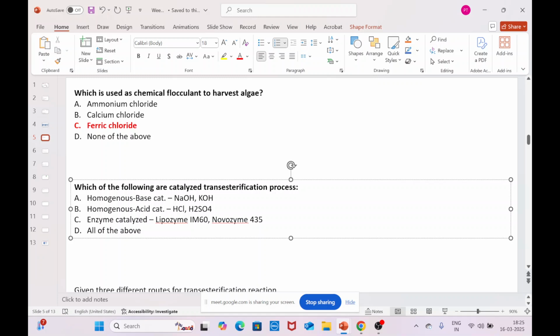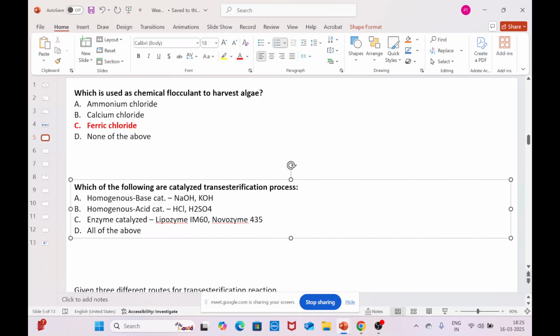Homogeneous base is often utilized, but it has its own limitation: the possibility of forming soap. If soap is formed in the mixture, it reduces the efficiency of the process.